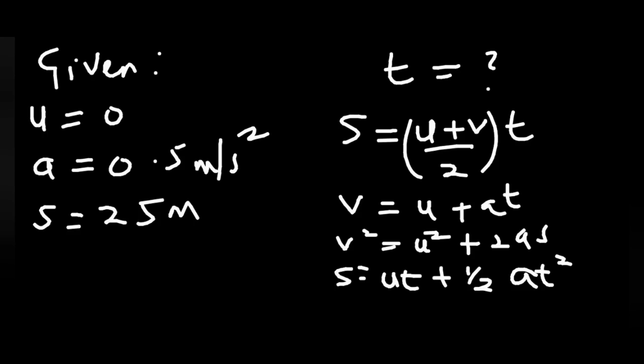Also, in V equals U plus AT, S wasn't included, and in the third equation, V square equals U square plus 2AS, we don't have T. And from S equals UT plus half AT square, we find that we were given U, and U is also represented in the equation of motion. A is also there, and S as well as T. And as such, we shall apply S equals UT plus half AT square in solving our question.